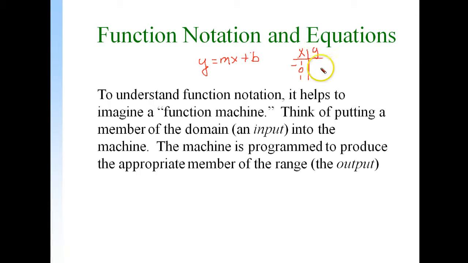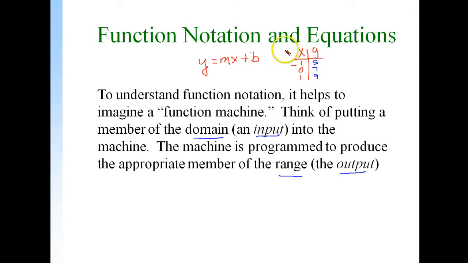Now, there'll be something here. There'll be a 5, a 7, a 9, let's say. Whatever it is. So x is our input. That's our domain element. And y is our output, our range. So the value of y depends on what we put in as an x.